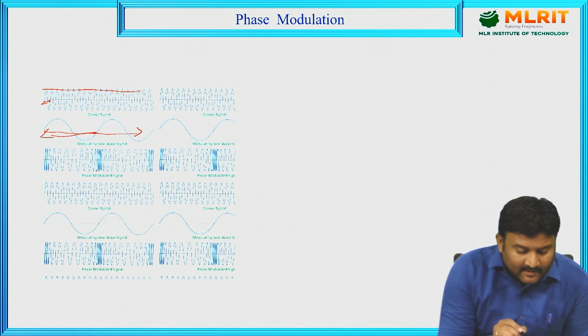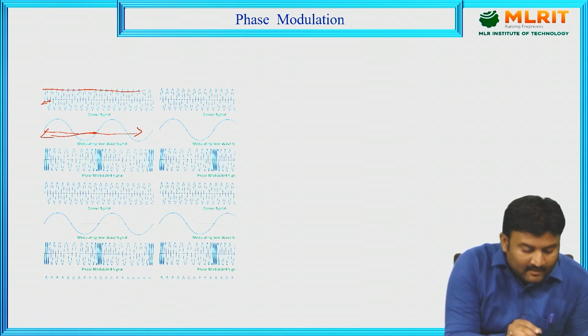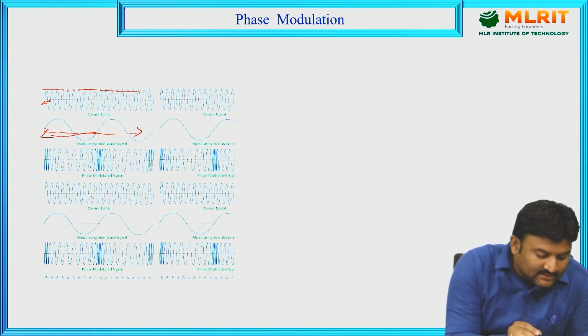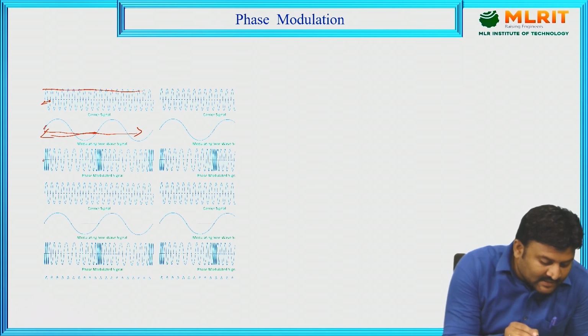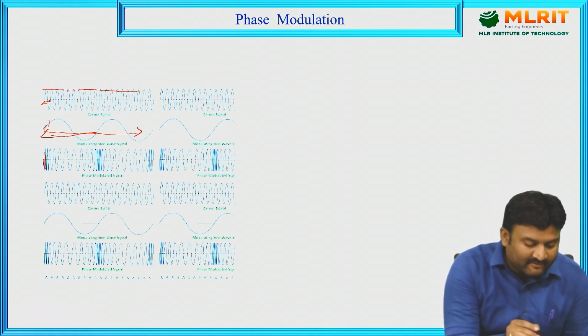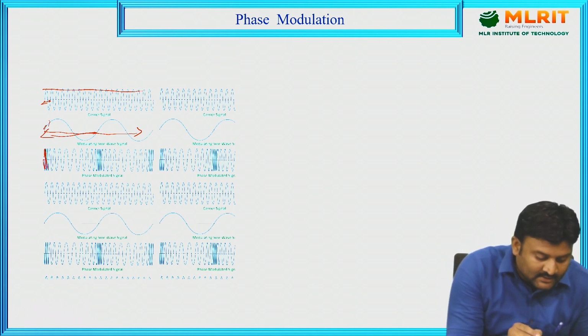Then observe here, the phase is varying. It starts from this point at the positive peak, but here the phase reversal occurs. That's why it starts with the negative and goes high, and the phase is very narrow. That's why it goes like this.